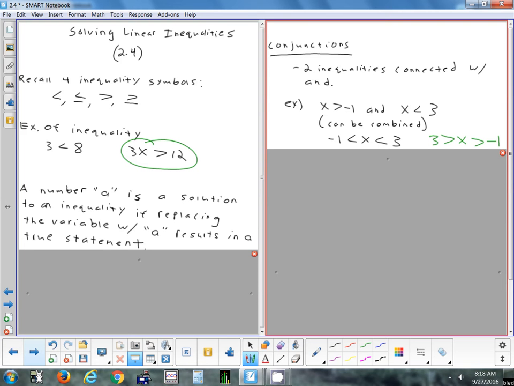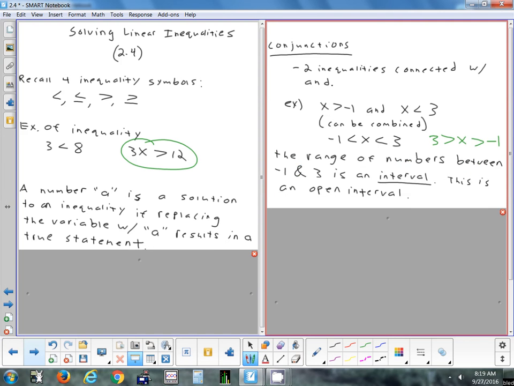The way you could distinguish it if you wanted to pronounce it to somebody is you could say it's half open on the right or half open on the left. Those intervals correspond to having less than or greater than or equal to's. Equal to's give you the closed interval. Strictly less than or greater than, that's where you get open intervals.